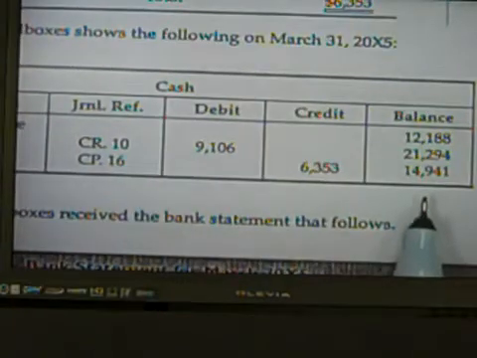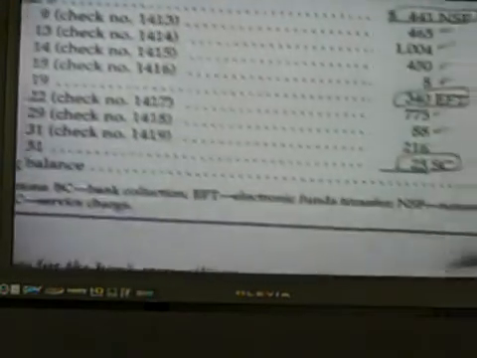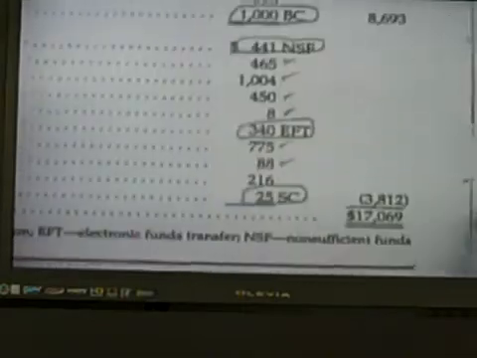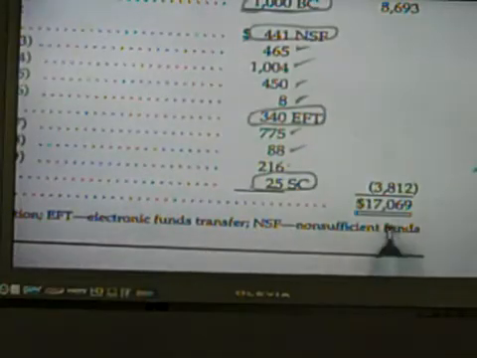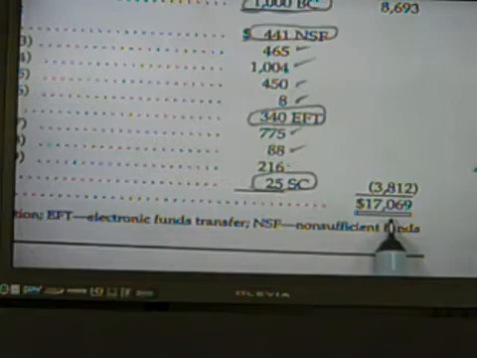We have our cash ledger account. Notice its balance is $14,941. And we have a bank statement here. And this bank statement's balance is $17,069. So you see that there's a difference between the books and the bank statement.